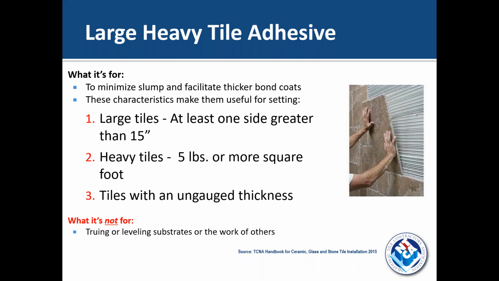Heavy tiles, which are defined as a tile that weighs more than 5 pounds per square foot, and then tiles with an ungauged thickness. And it's important to note what these are not used for as well as what they're used for, and that is they're not for truing or leveling substrates or the work of others.